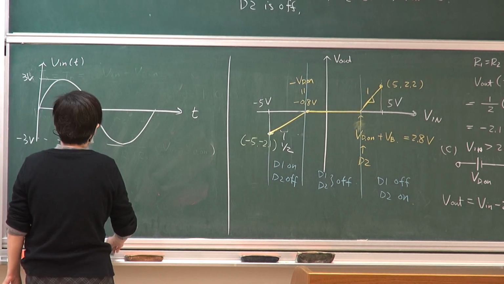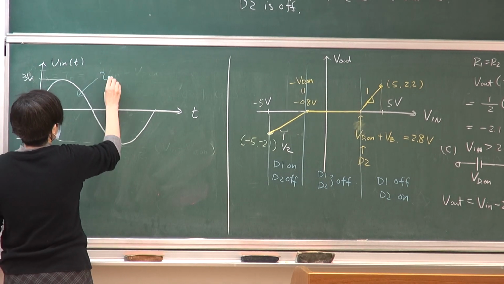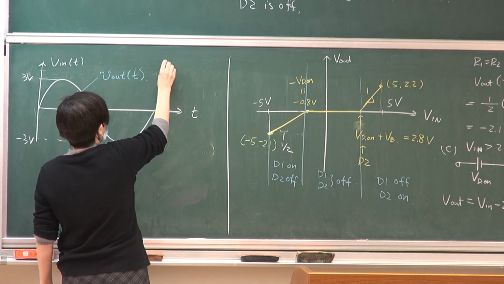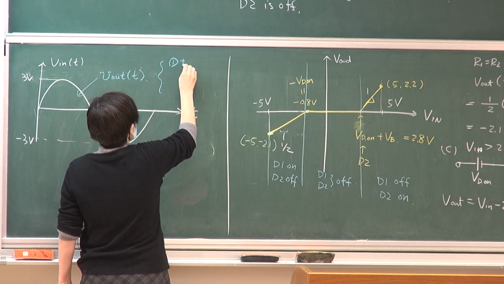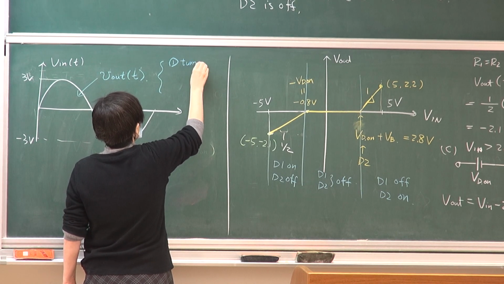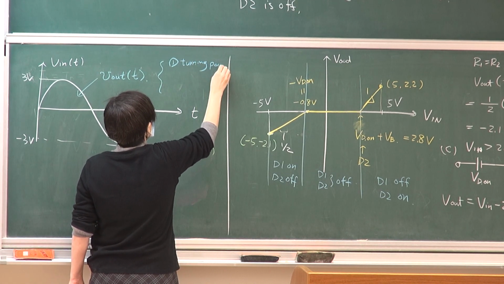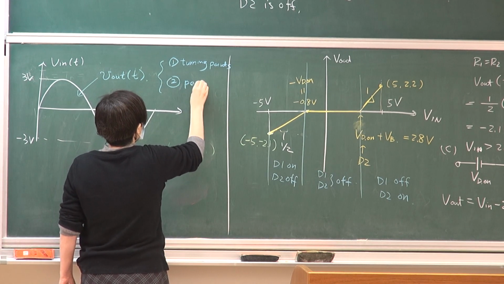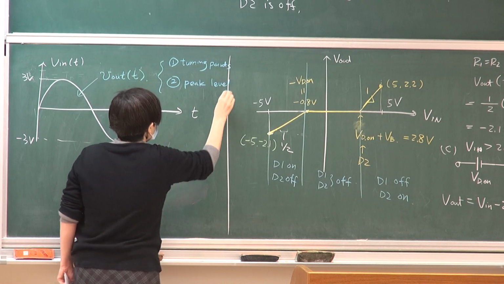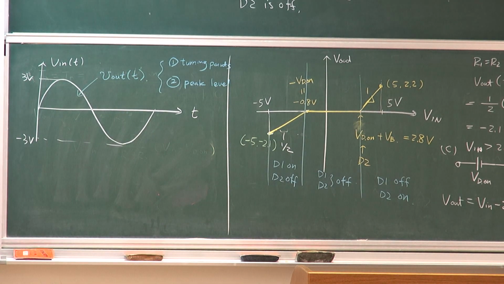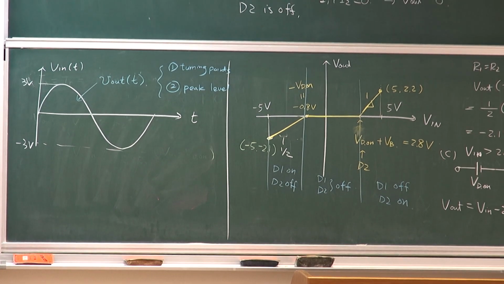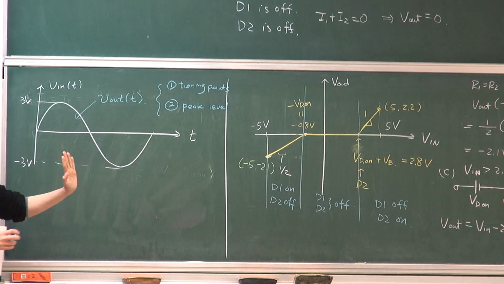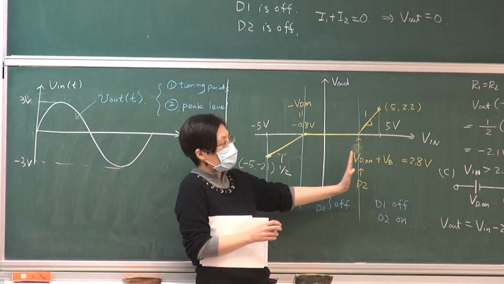So you should be able to generate a VL as a function of time. Also, in this VL function of time, you should be able to find out its turning point, its peak value, peak levels. For example, for peak level, let's say if I'm operating at plus 3 volt, what's supposed to be the level? If I'm at a positive zone, I should be in zone 3, right?